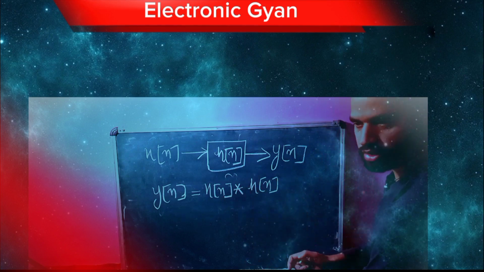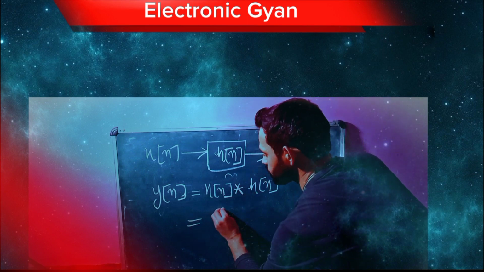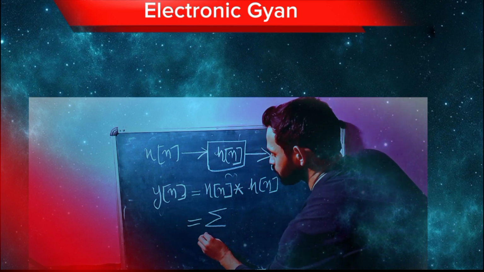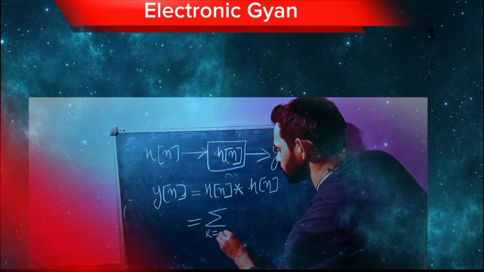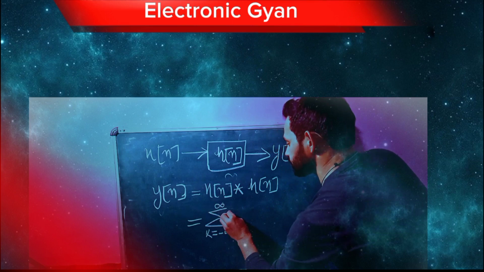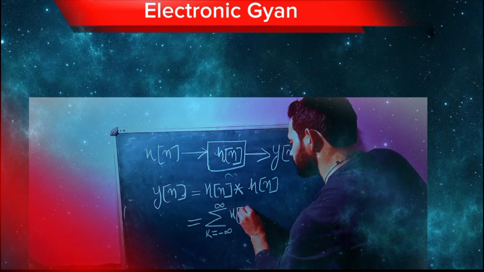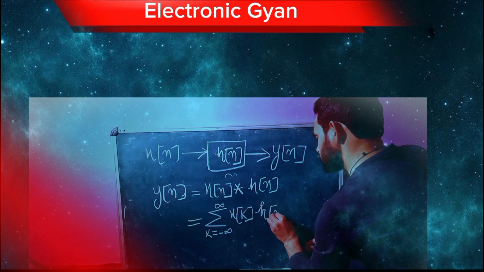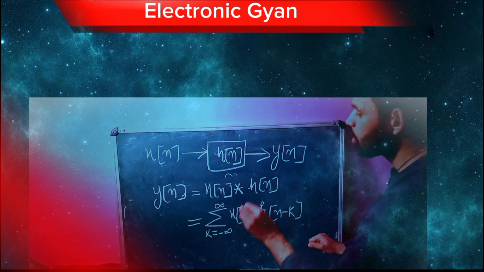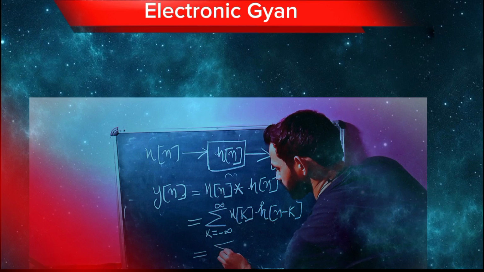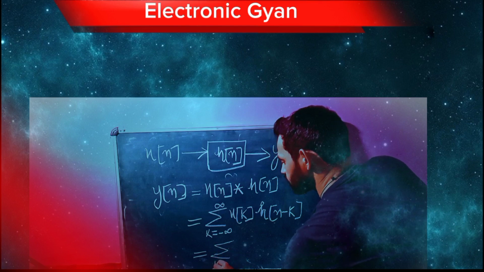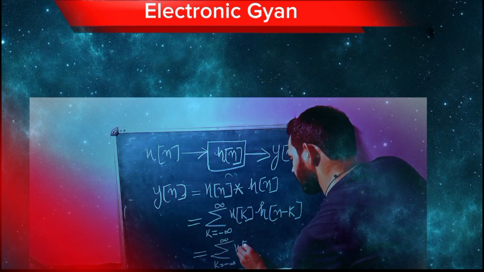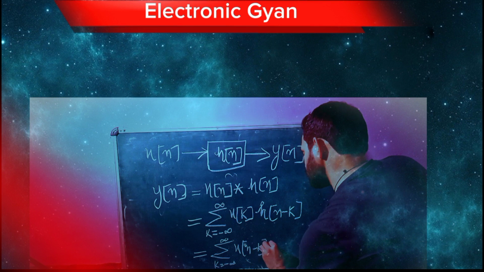How to do this convolution in the time domain? The convolution of two discrete time signals is y of n equal to the summation, k from minus infinity to plus infinity, of x of k into h of n minus k, or we can write this as the summation, k from minus infinity to plus infinity, of x of n minus k into h of k.